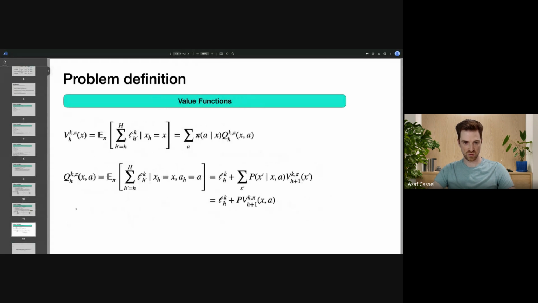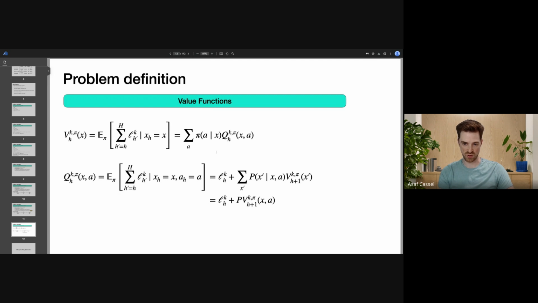Just to recall, the value function I already mentioned is just the expectation of the sum of the losses. But in general, we'd like to define the usual value function for a step H. This is simply the value function from step H, given that we start from state X. And also we have the Q function, which is the same, also conditioning on the fact that at step H, we take action A. For these two, we have the usual Bellman equations.